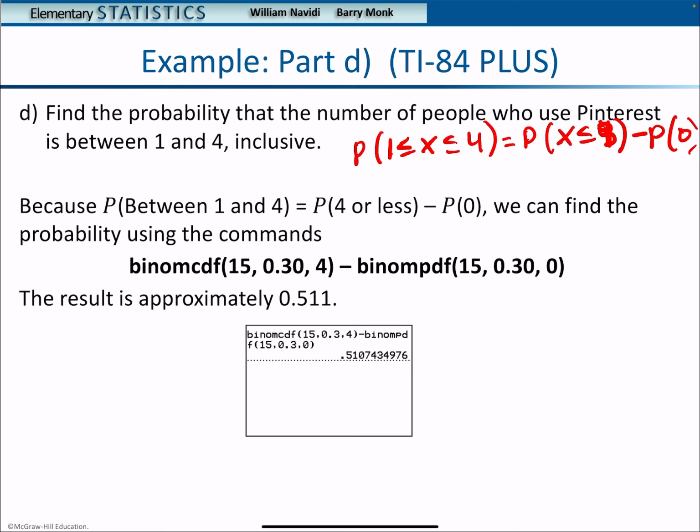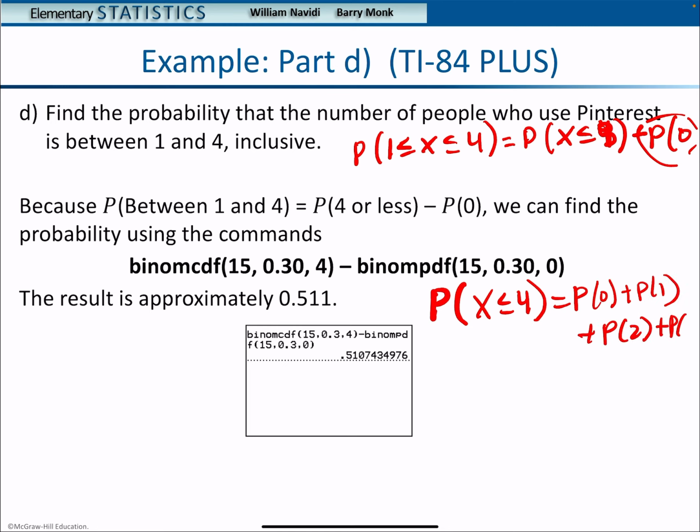Okay, so we would enter, and why do we subtract this? Because P of x less than or equal to 4, remember, that's P of 0 plus P of 1 plus P of 2 plus P of 3 plus P of 4, right? That's what that represents. So when it's numbered like that, I also write this, so it's the same thing, just in case you were curious. Okay, but we want in this problem between 1 and 4, so we need to subtract this.